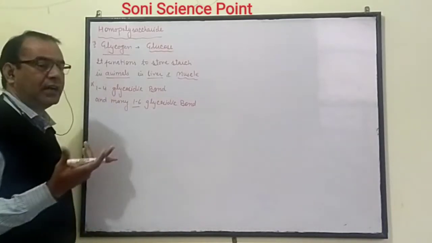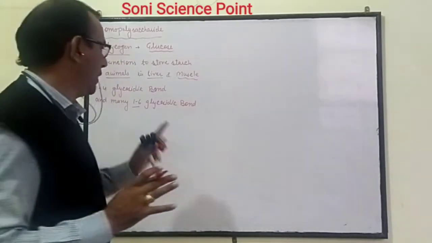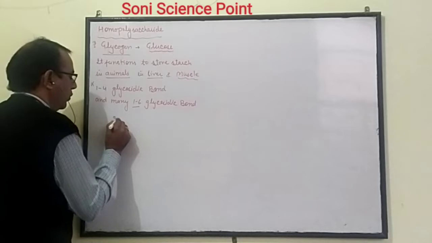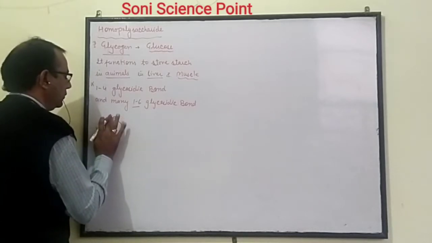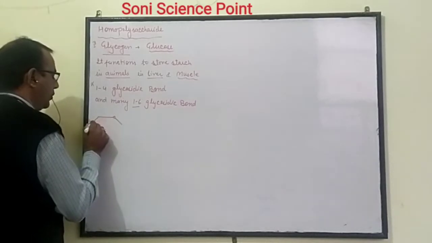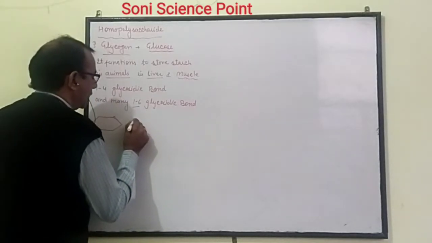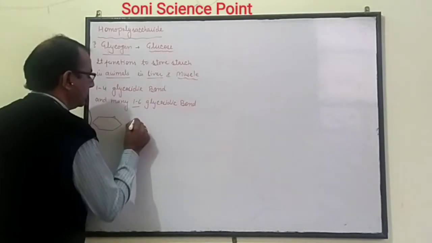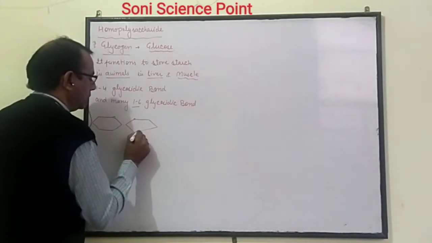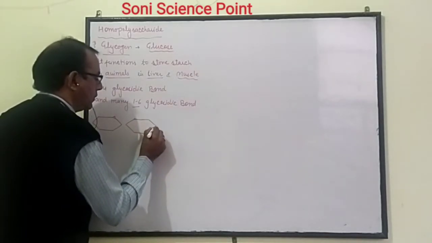What do you mean by alpha and beta glycosidic bond? We have seen that in glucose. In glucose, one glucose molecule is attached to another one.